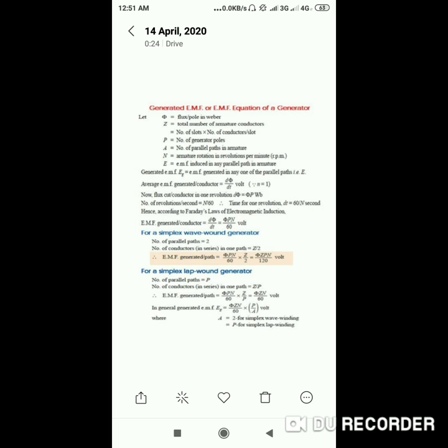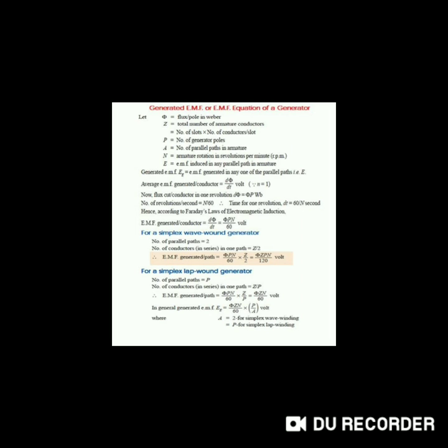Similarly, the number of conductors in one path is given by Z by P. When you substitute this in the EMF equation, in lap wound it becomes phi Z n divided by 60 into A. Because the number of parallel paths is always equal to A, that is P is equal to A. So phi Z n P divided by 60 into A. Hope you understood this one.